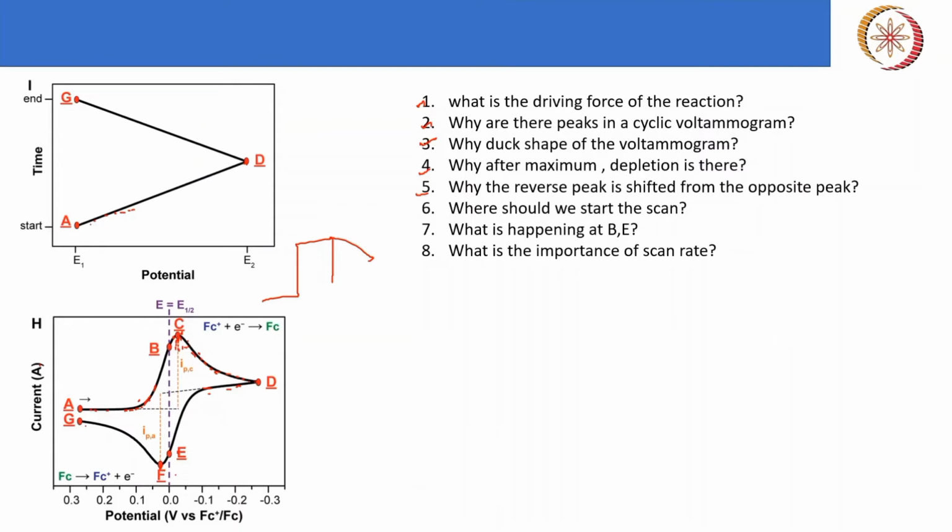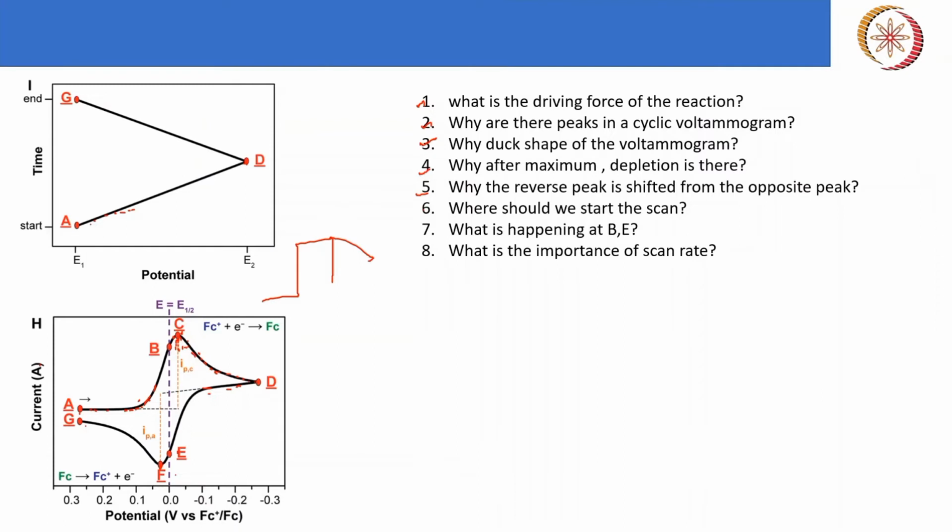That means the E, C and A positions are not at the same potential. So the question is why it is not in the same position. The next question is where we can start this A point, where we can start the experiment.